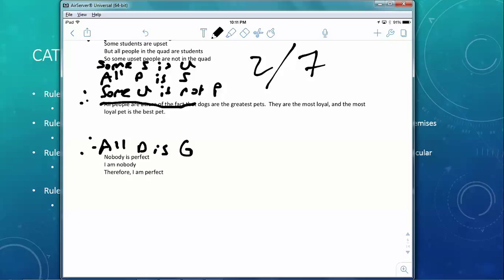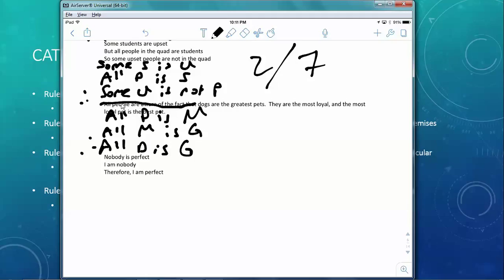So, all D is G. All dogs are most loyal, M. All most loyal is greatest pet. Therefore, all dog is greatest pet. All right, so that's what we're working with. There are not four terms. The middle term M is distributed at least once. D is distributed down here, and it's also distributed up here.